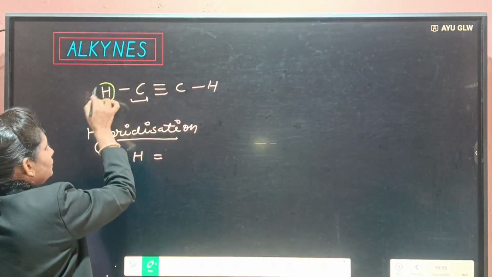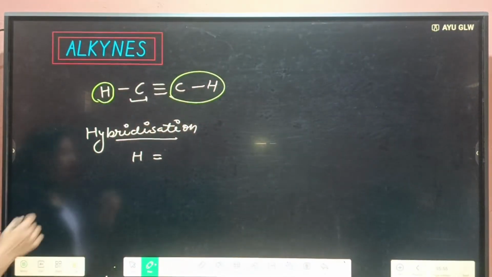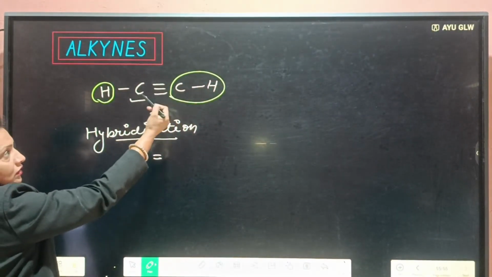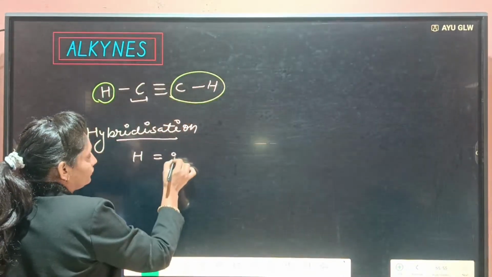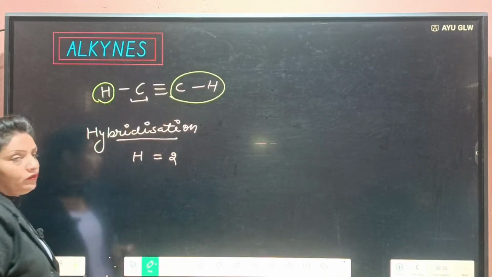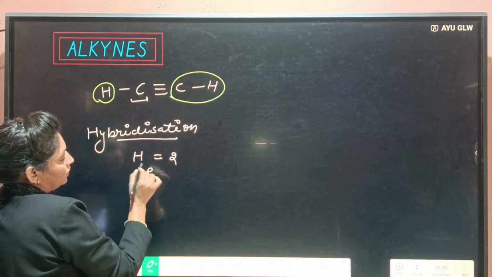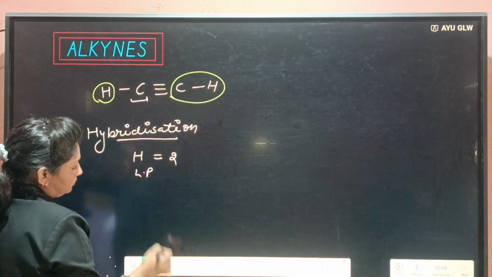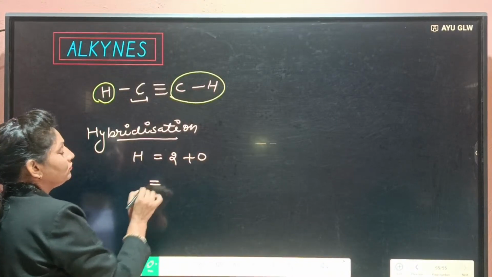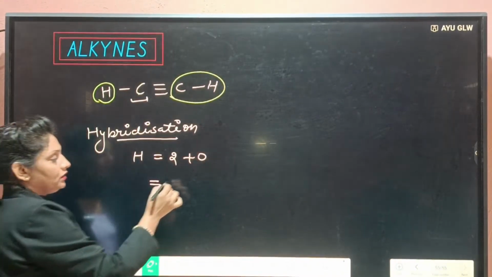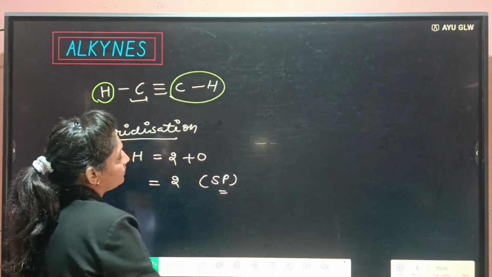One this hydrogen, and one this group are attached with this carbon. So bonded atoms are two only. Lone pairs are 0. So hybridization is number of bonded atoms plus lone pair. It is 2. For 2, hybridization will be sp.